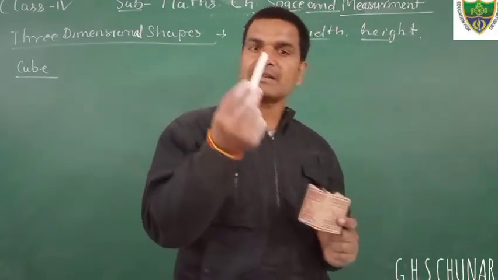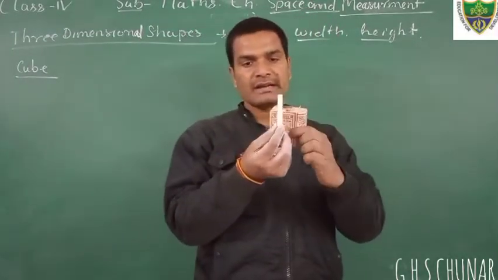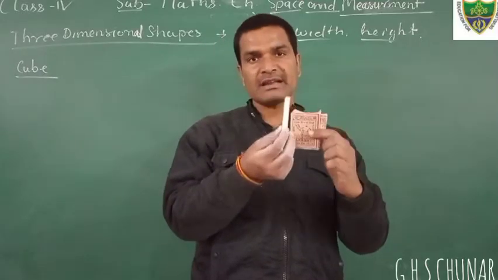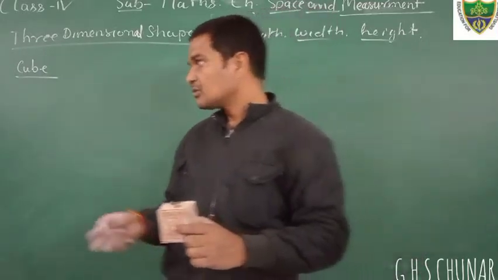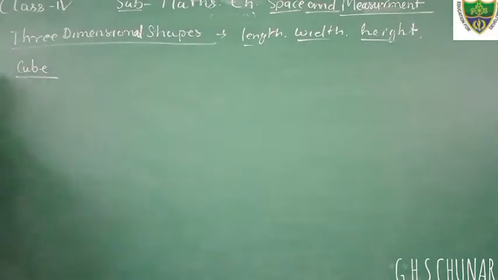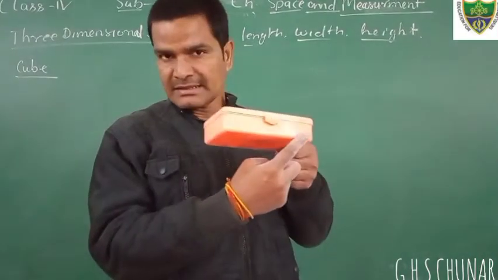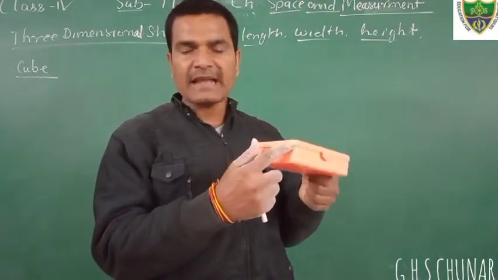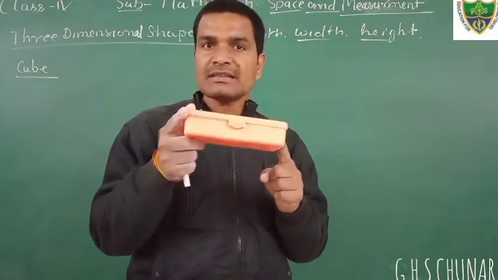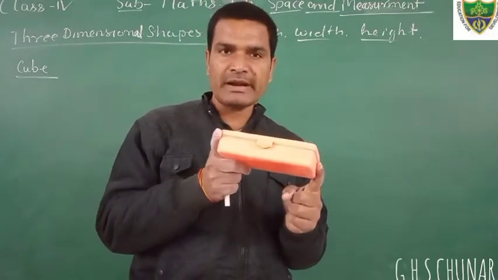A chalk has a 3D shape because it has height, breadth and length also. Your book is in a typing box. Here, this is the length, this is the breadth, and this is the height. So it is a 3D shape. It is called a cuboid.